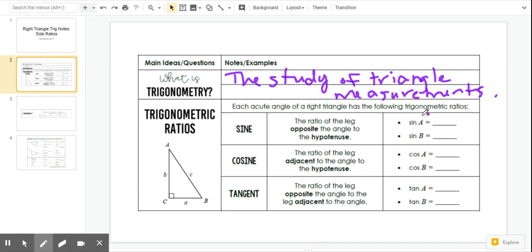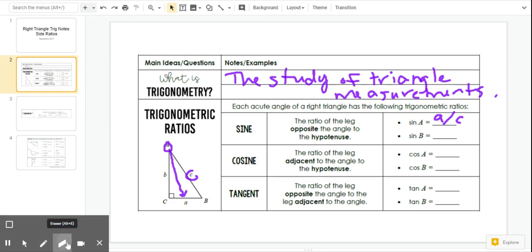So first, sine of A: we find angle A, and find the leg opposite, which is A. A ratio is a fraction, so it's the opposite over the hypotenuse. The hypotenuse is C. So sine of angle A is lowercase a over C. The sine is the ratio of those two sides.